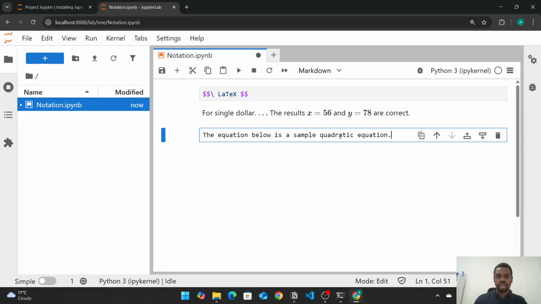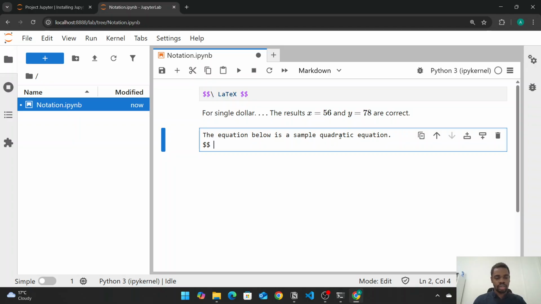Equation, and go to the next line and say 4x squared plus 5x plus 7.